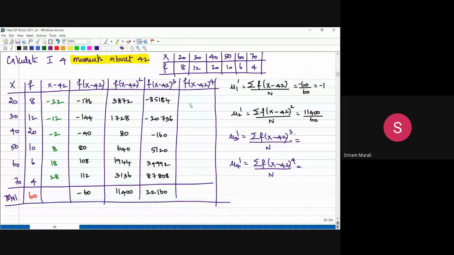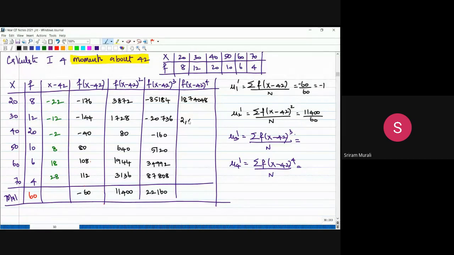And this one, the last one: f into x minus 42 the whole power 4. This is 18, 74048.